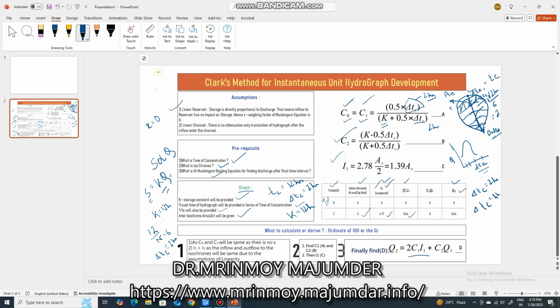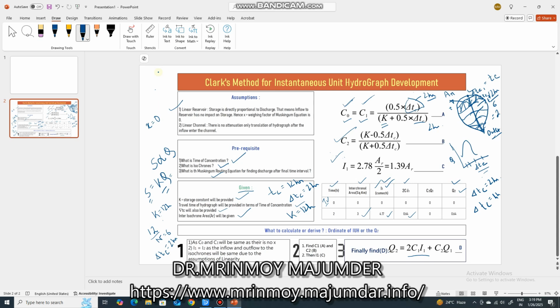Now what is Q1? As this is the entry point, Q1 will surely be 0. No discharge is there because the discharge is just going to start. So Q1 is 0.